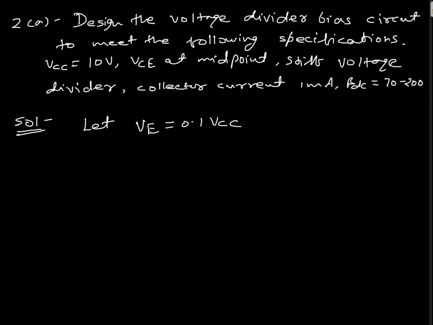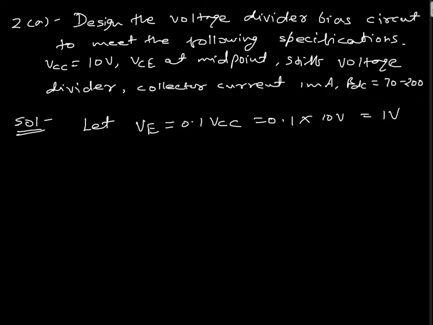Different books may suggest different methods, but almost all the values will be the same. So here we are going to design by assuming VE is 0.1 times VCC, which is 0.1 into VCC given as 10 volt. So this will come as 1 volt. It means we are going to design the value of VE as 1 volt.